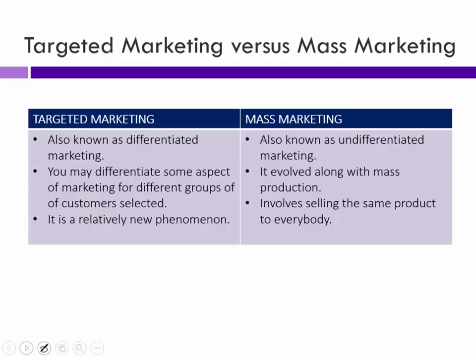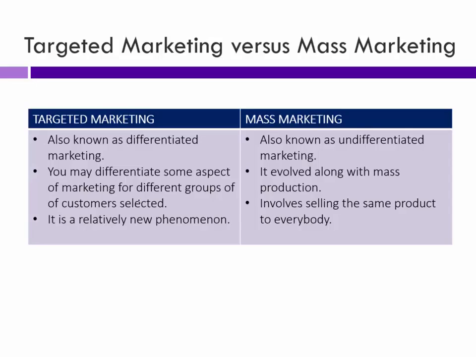So mass marketing is just, I have one message that I send to everybody. The same product, the same people, the same message. I don't make any differentiations. But targeted marketing is also called differentiated marketing. And so you pick some different groups.